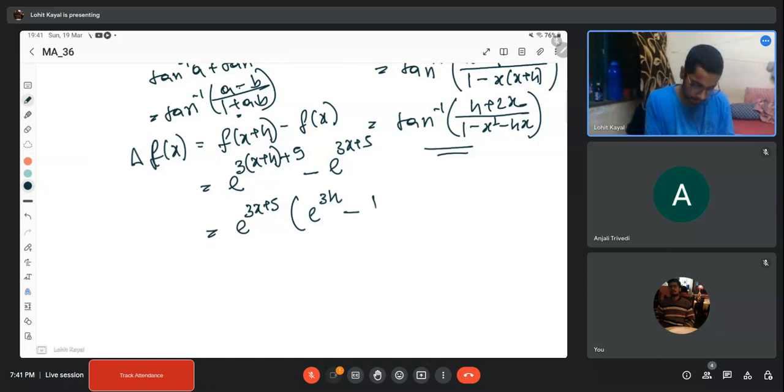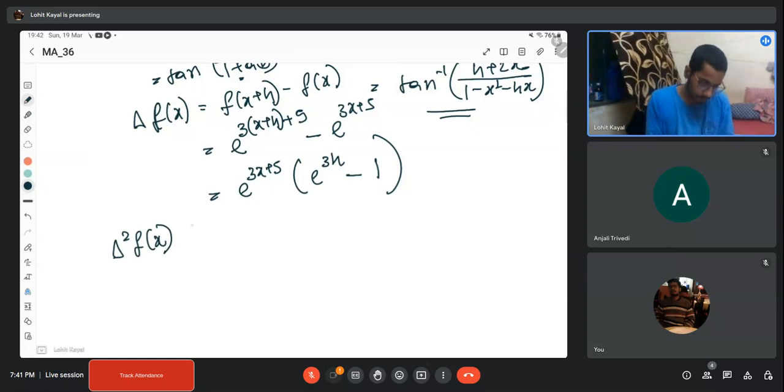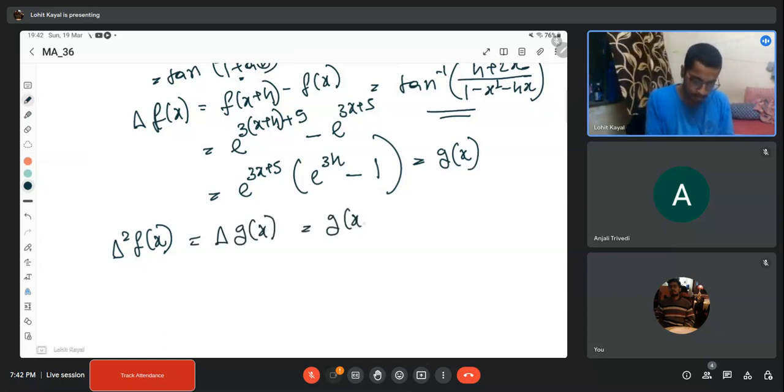Again, delta square of f of x. Now let us give this the name g of x. Delta of g of x is equal to g of x plus h minus g of x.